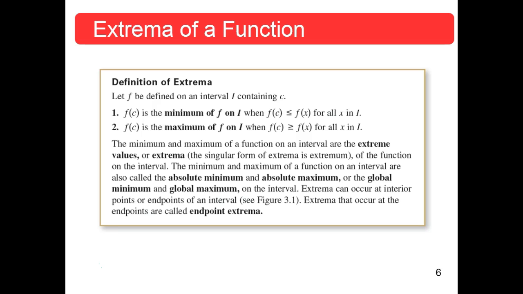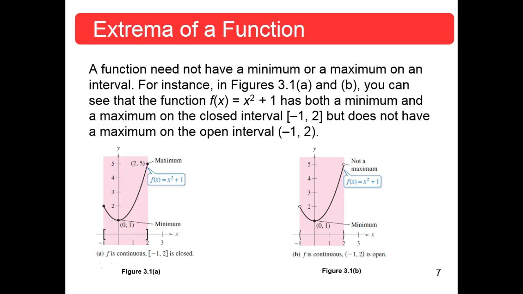Okay, and we'll show that in just a minute. Extrema that occur at the endpoints are called endpoint extrema. Okay, a function need not have a minimum or maximum on an interval. Okay, and we'll talk about this.